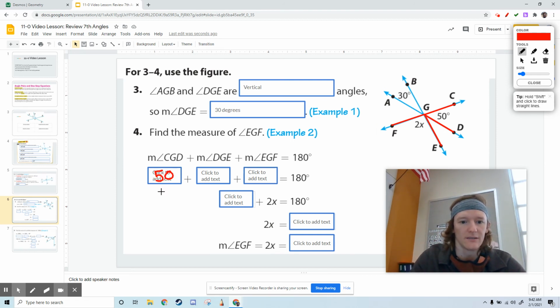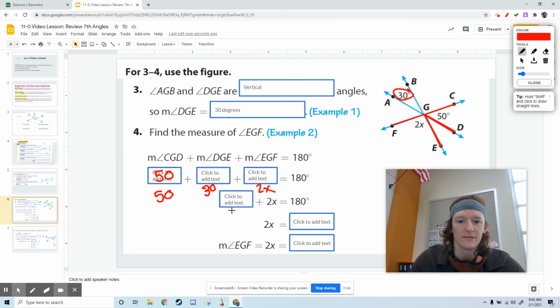Let me write that underneath, 50. And the measure of DGE. Well, we don't quite know what that is. Well, yes, we do. It's over here. It's the 30 we just had on the last question. So plus 30 plus EGF. So EGF is this one, plus 2x equals 180.